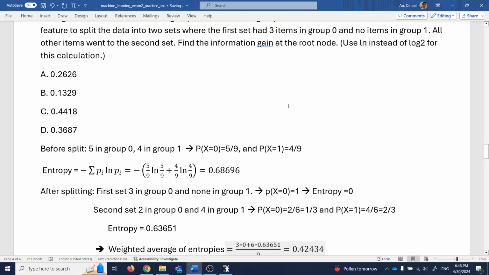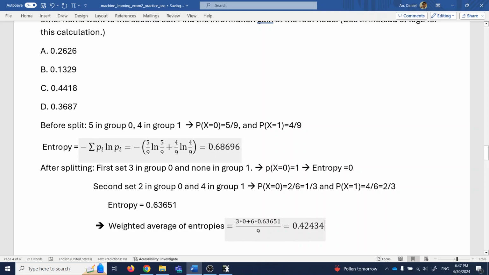Well, the more information you have, the more you reduce the entropy. So anytime you go down the decision tree, you're gaining more information. And the difference between the entropy before and after each node is called the information gain. So what we need to do is take this number minus this number.